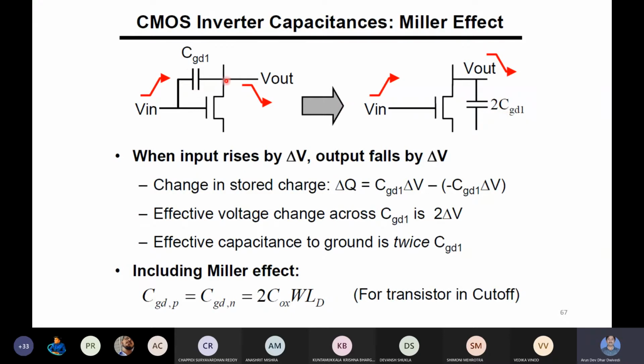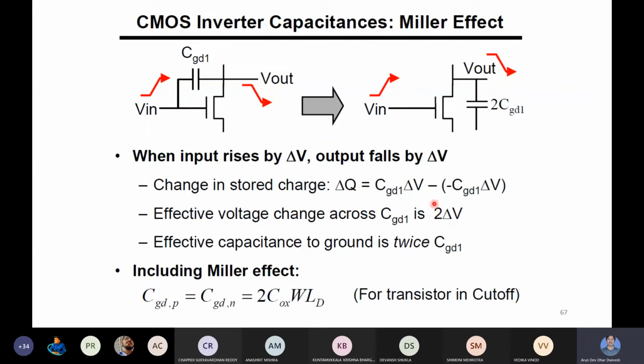Whatever CGD1 is between gate and drain at the input, its effect at the output is basically 2 times CGD1, because when the input rises by delta V, the output falls by delta V. So 2 delta V changes are occurring.